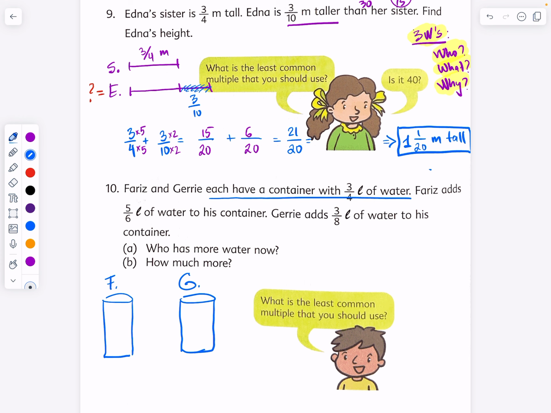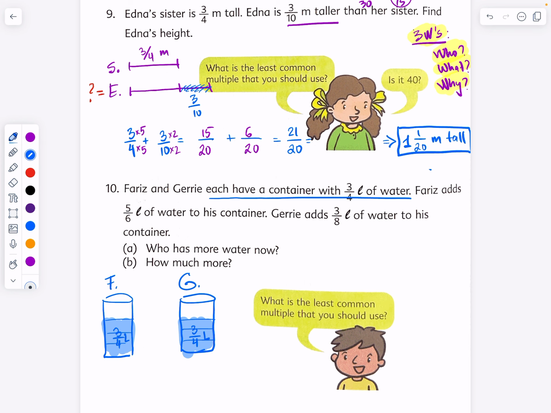So maybe 1/4, 2/4, 3/4. Let's shade this. So this is the amount of water that Fariz and Gary each started with. Let's label. This is the 3/4 of a liter to start with. 3 out of 4 equal parts of a liter.